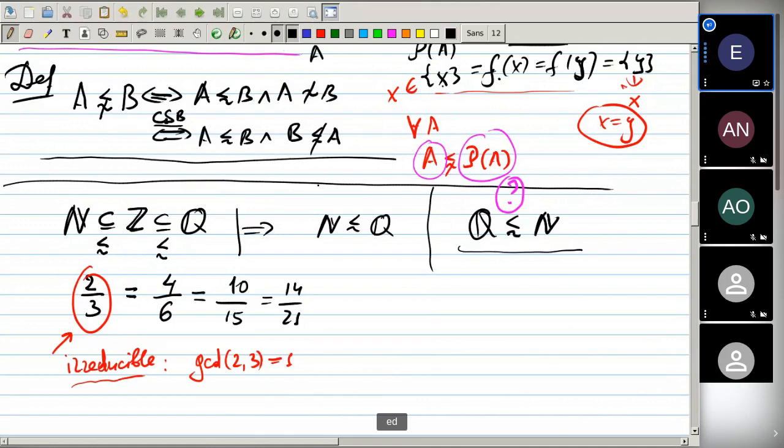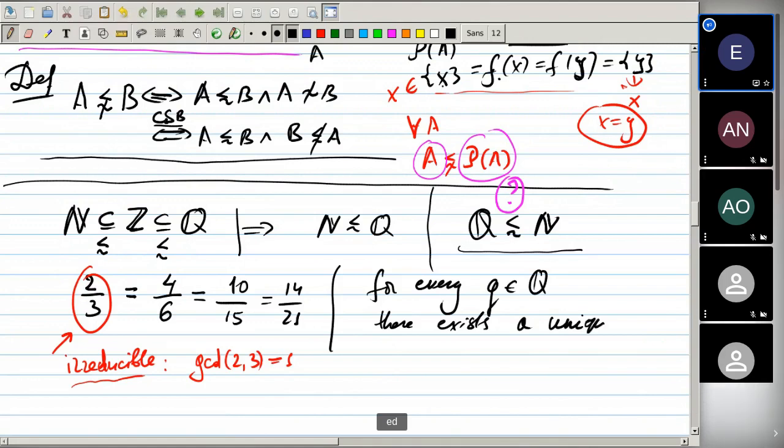And the main idea is that you can map every rational number. Okay, let's write down something like that. For every rational number Q, there exists a unique irreducible fraction representing it.